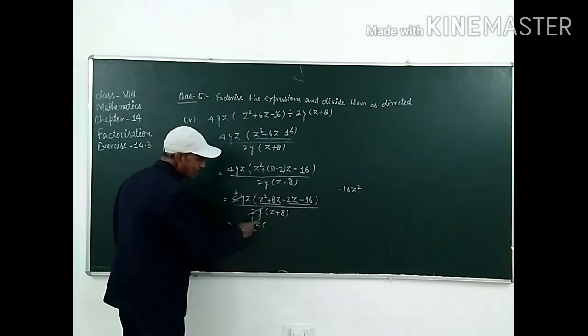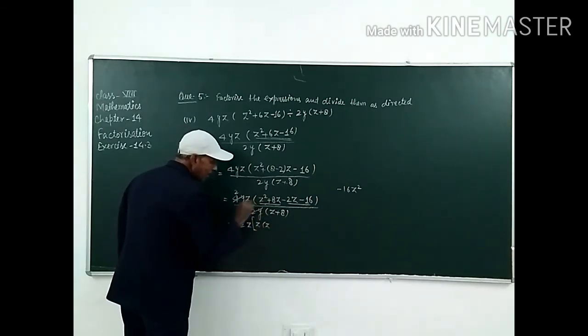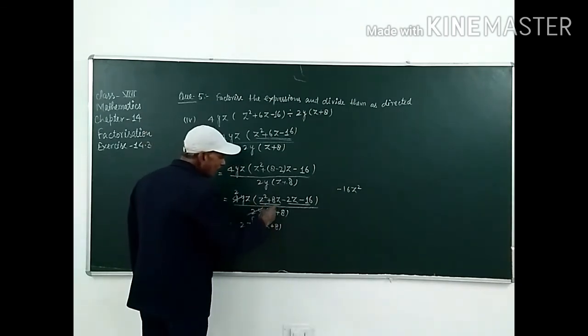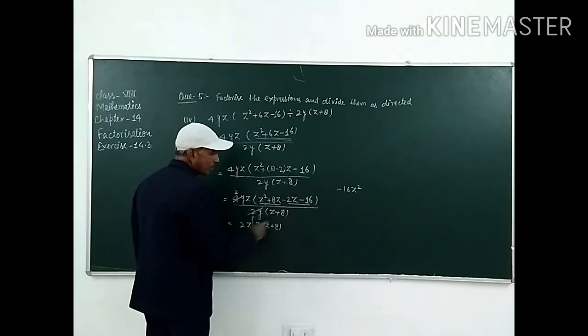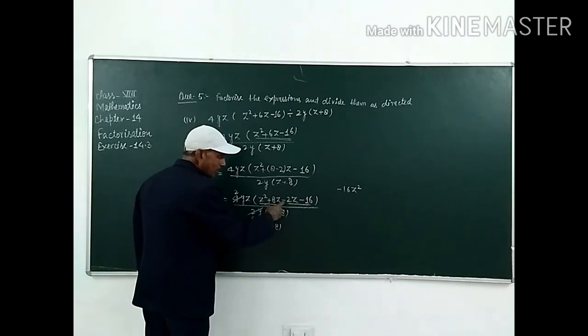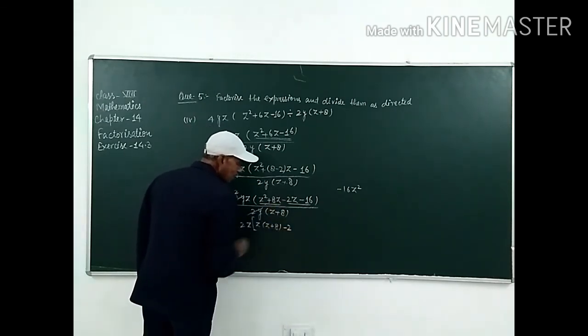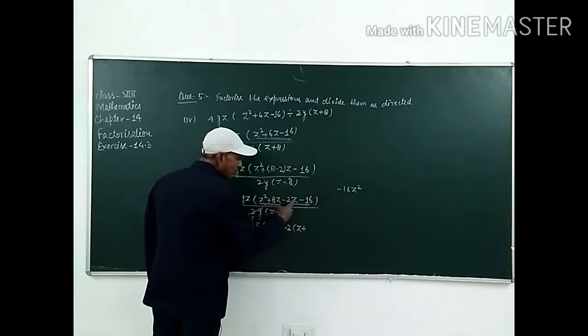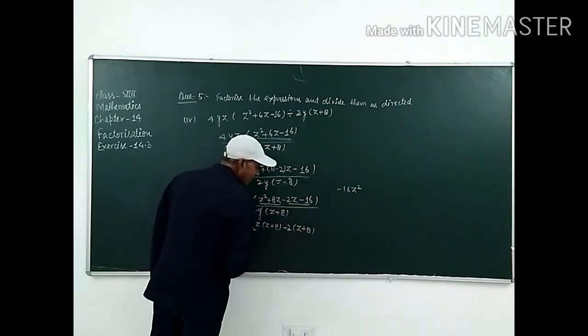After taking z as common, in the bracket only z will remain in the first term and 8 in the second. Now we take minus 2 as common because 16 is a multiple of 2, students. So minus 2 is common, only z will remain, and minus into minus is plus, and 2 eights are 16.